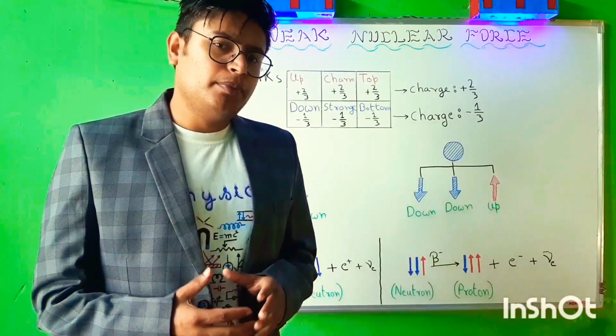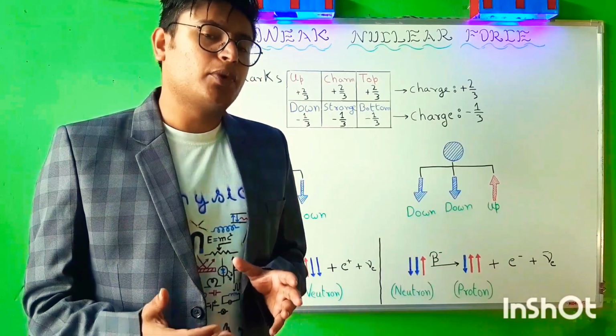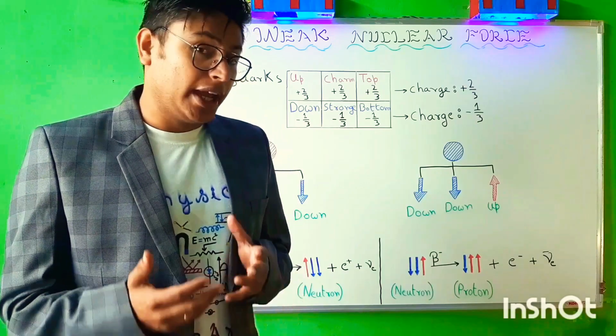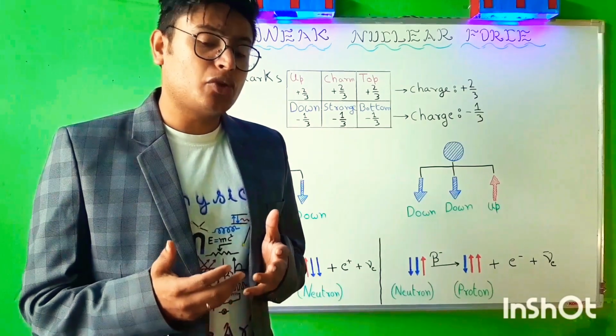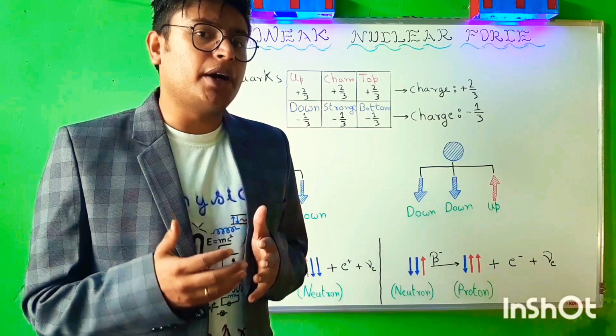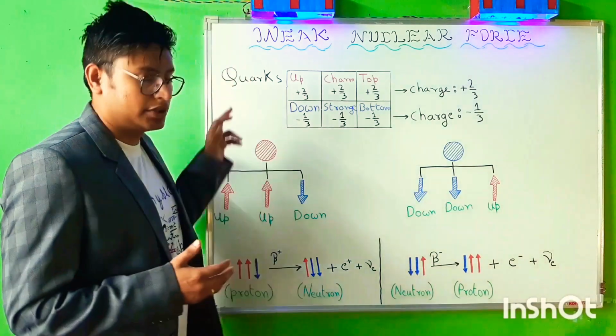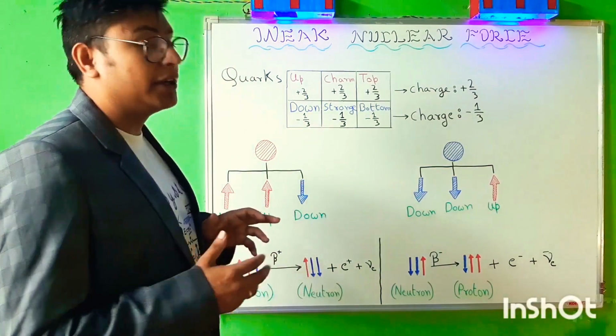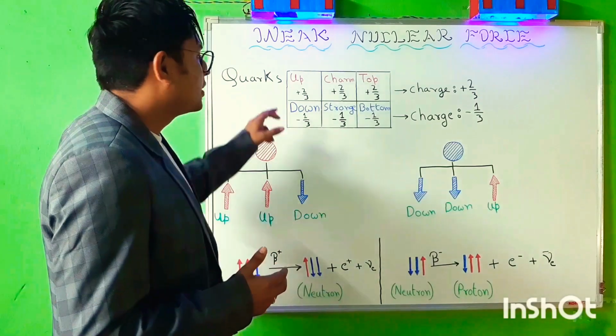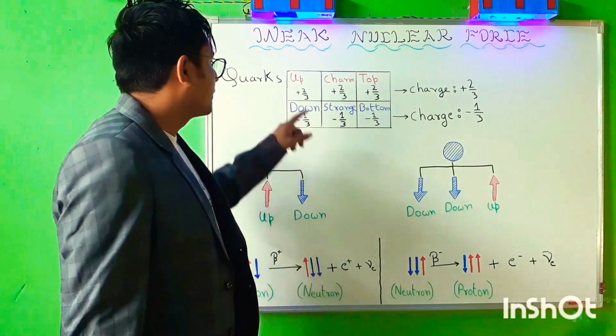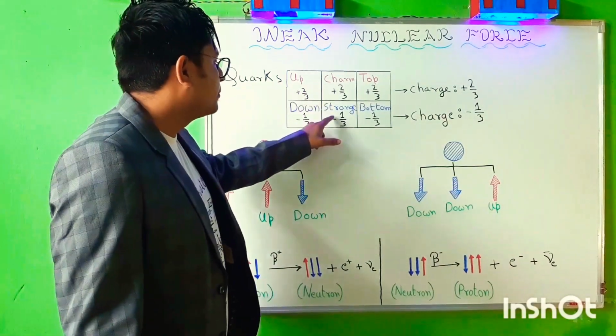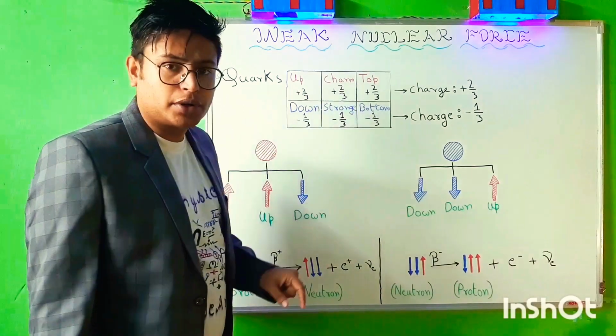Is it possible to break up a neutron, a proton? And we had said that yes, they are also made up of some particles known as quarks. Quarks are elementary particles, and there are 6 types of quarks: up, down, charm, strange, top and bottom.